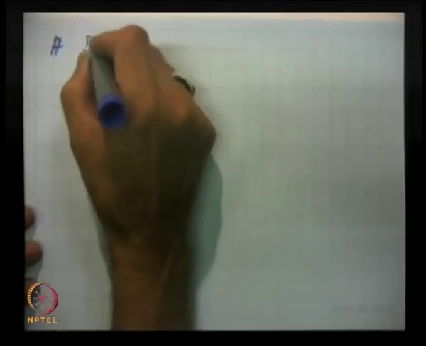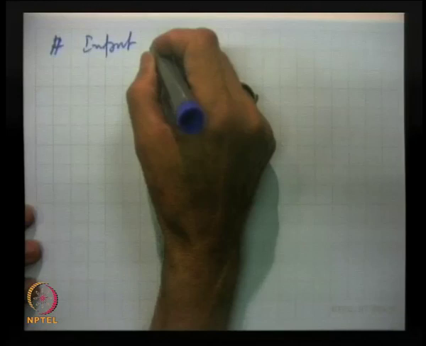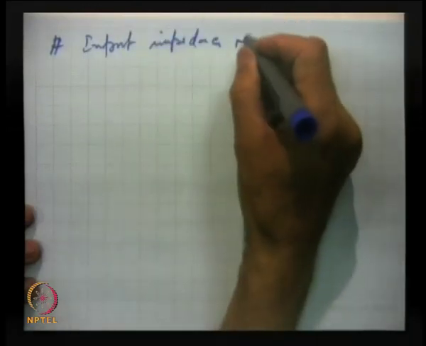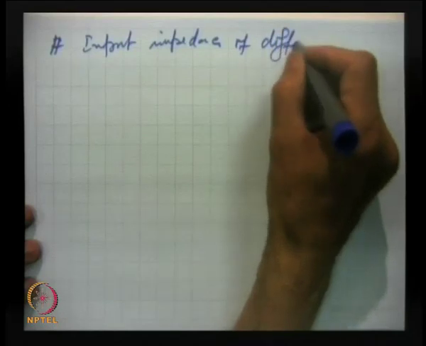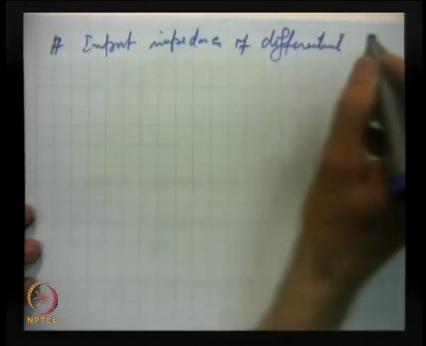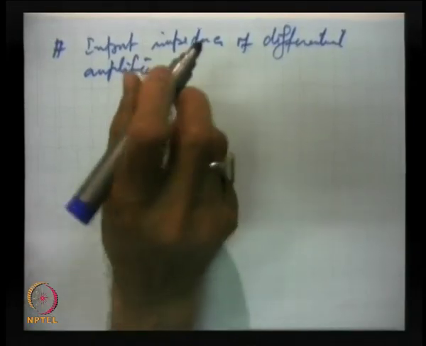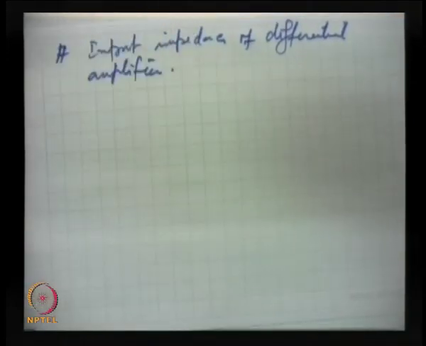So, input impedance of differential amplifier. The differential amplifier is always symmetric.